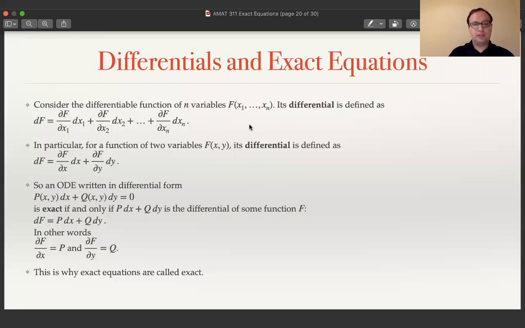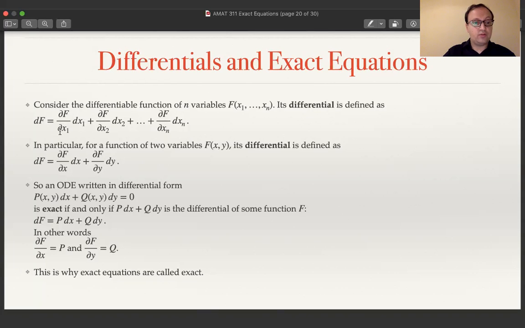So first, a word. Why are exact equations called exact? Where does the name come from? Well, if you have a function of several variables, like here capital F of x1, x2 up to xn, then the differential of such a function is defined as dF equal to the sum of its partial derivatives over each variable, d that variable.